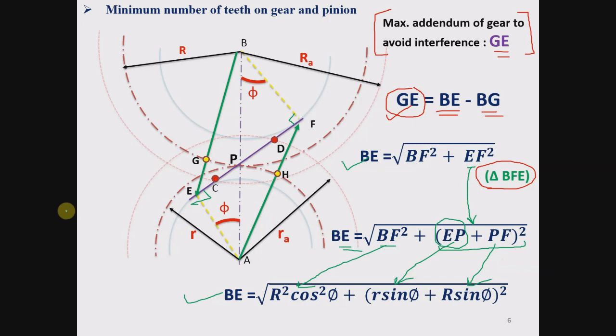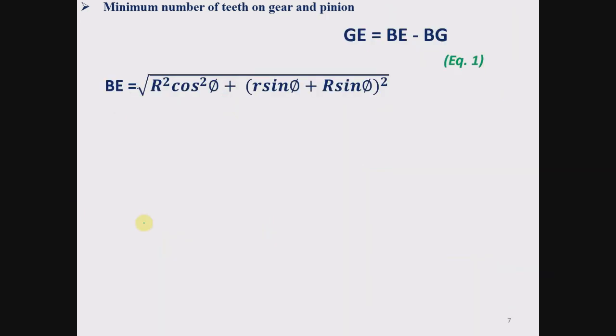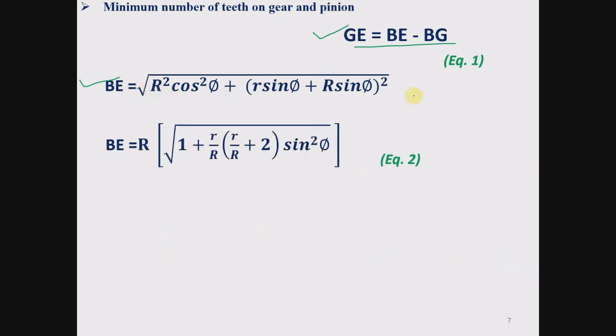Very simple geometrical relations. So here we have equation 1 with us. GE is equals to BE minus BG. And just now we have determined BE, which is equals to this much. Now further, if we simplify this equation for BE, which we will not do right now, I will share the notes for this.